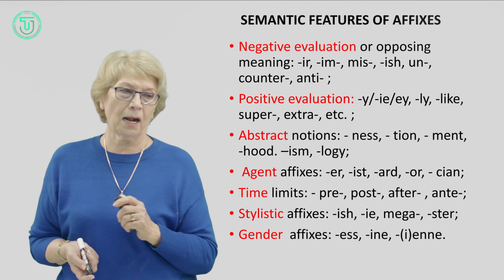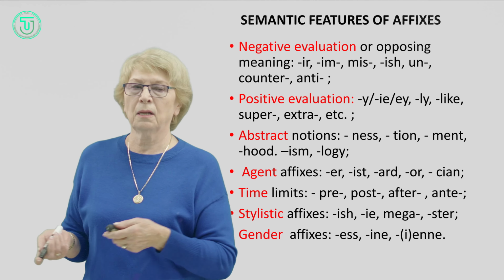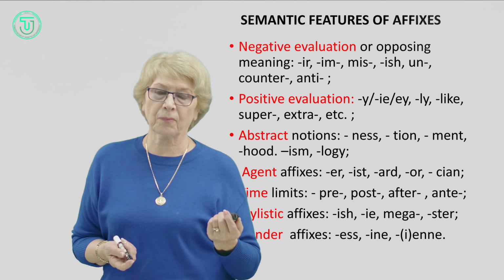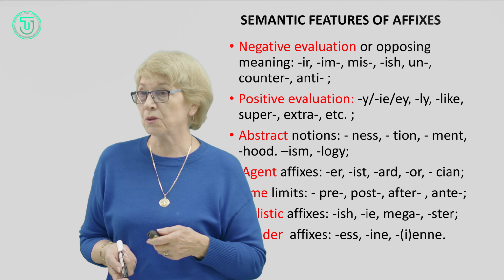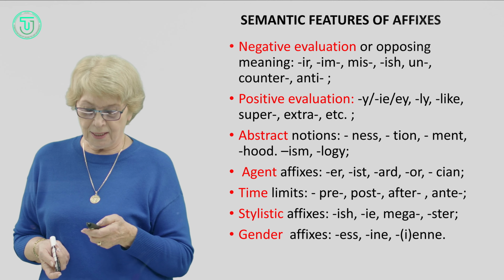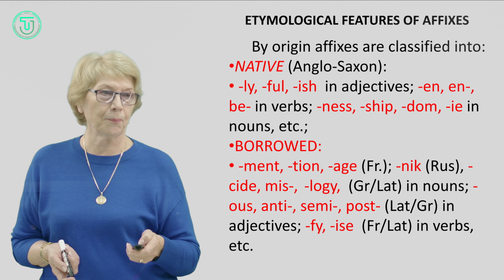And INE is INE, and EN in comedian is also feminine. So these suffixes were borrowed from the French language because French language is very democratic and it minds gender meanings.